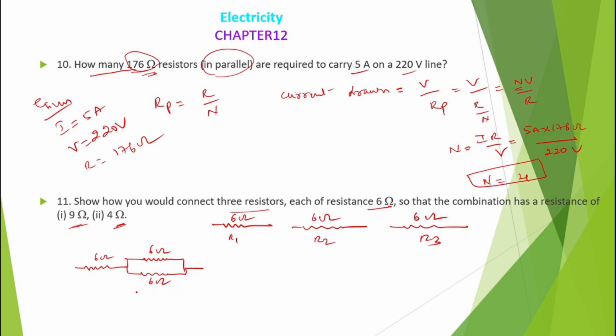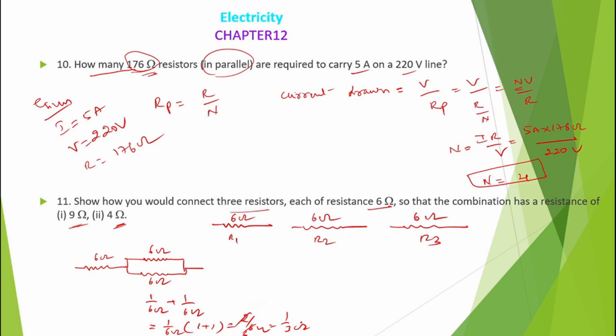So this is a parallel connection, we have to sort it out. That means 1 divided by 6 ohm plus 1 divided by 6 ohm. To simplify this, 1 by 6 ohm is taken outside, 1 plus 1 is equal to 2 by 6 ohm. 2 ones are 2, 2 threes are 6, that means 1 by 3 ohm.